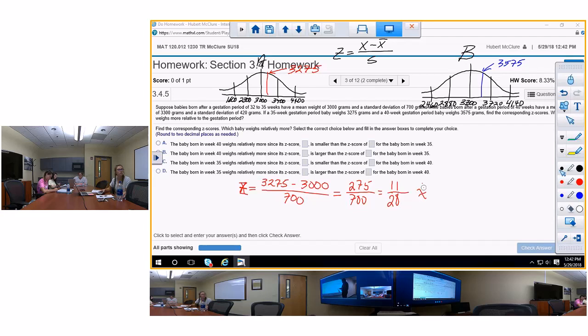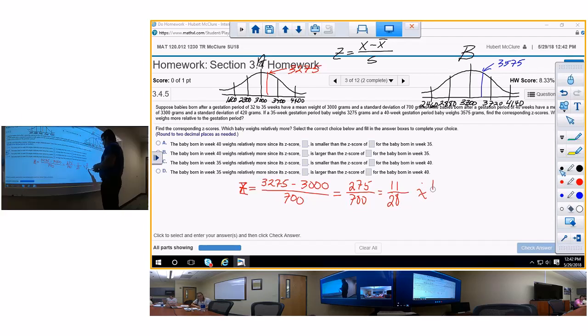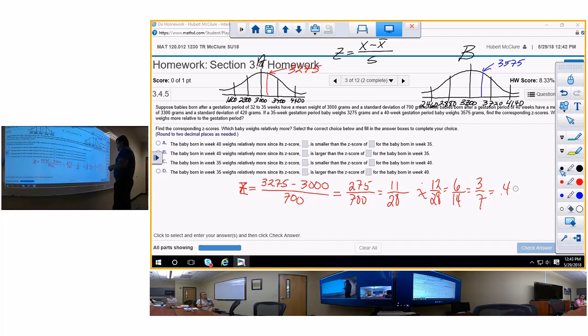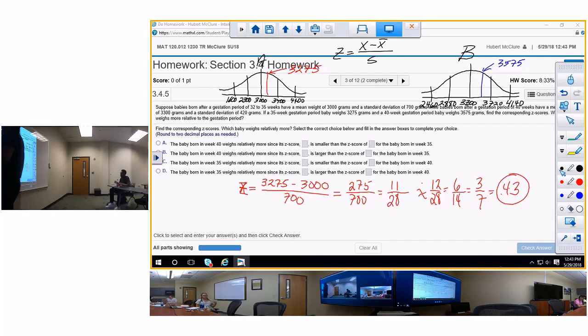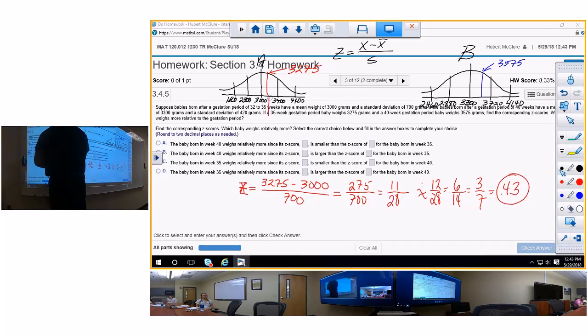And 11 divided by 28 is roughly 0.4. I got around 0.43. What'd y'all get? 0.39. Okay, so we got a z-score of 0.39 right here.